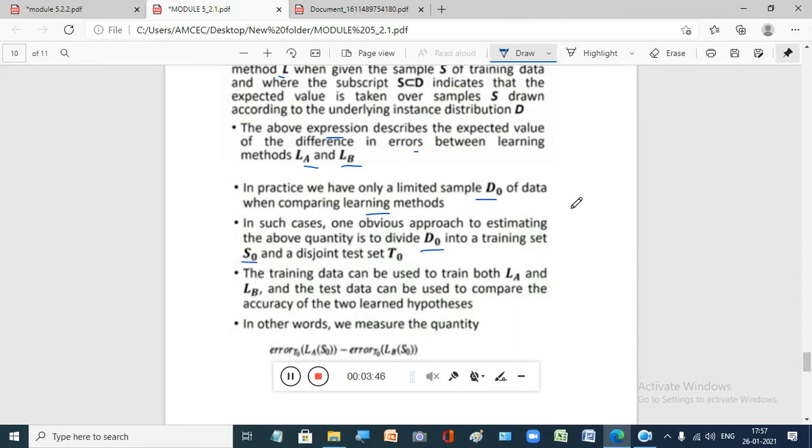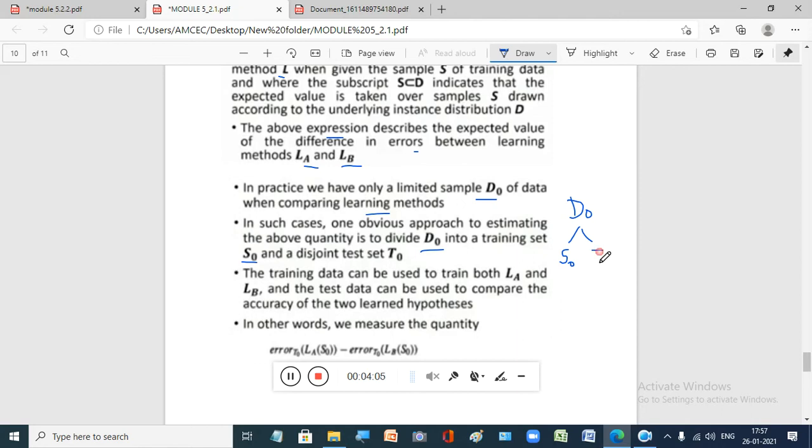The first one is called S0, the training set, and a disjoint test set T0. The other subset is called T0, the test set, and it is disjoint.